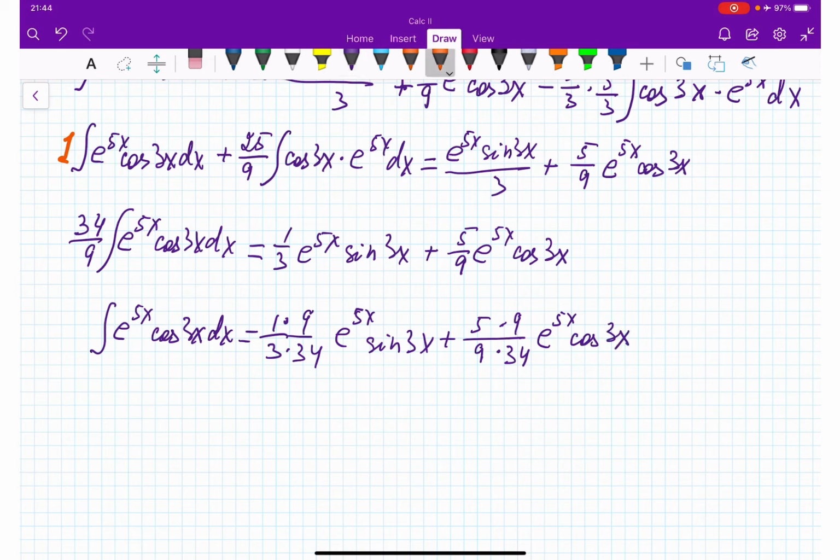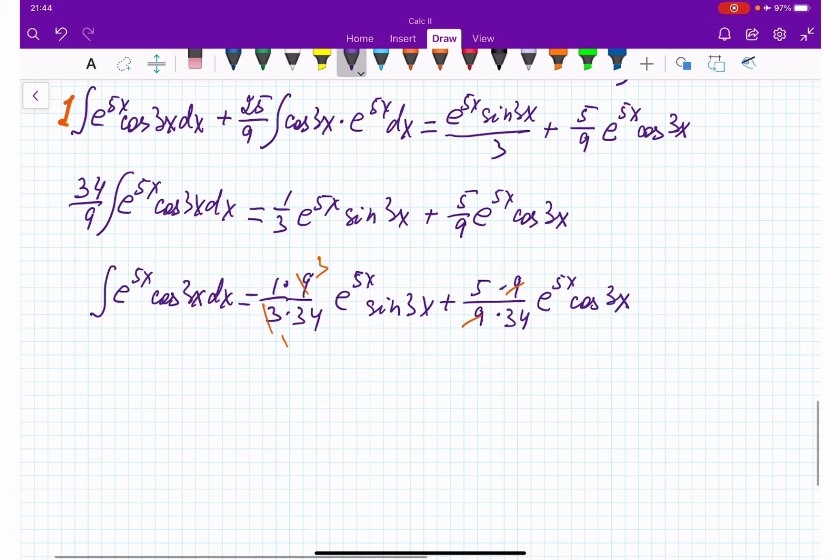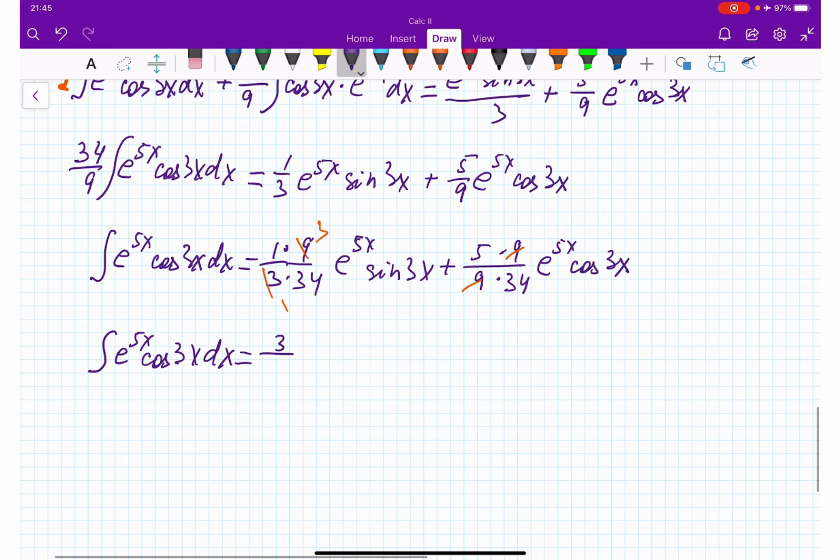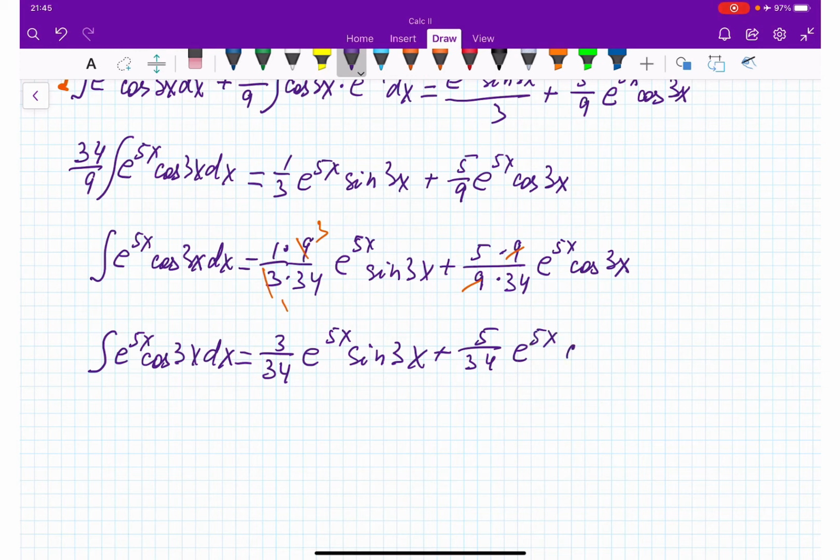Okay, this 3 is gone with this 9 and we get 3 over 34, and this 9 is gone with this 9. And our clean answer is going to look like the integral of e to the power 5x cosine 3x dx is equal to 3 over 34 e to the power 5x sine 3x plus 5 over 34 e to the power 5x cosine 3x.